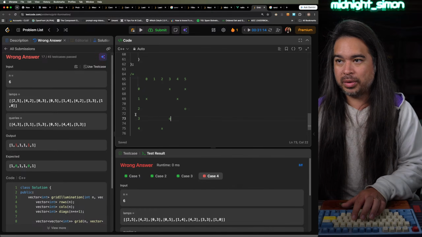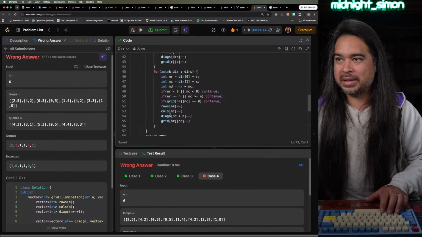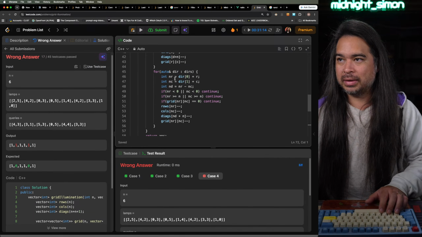And then we come to 3, 1. And I'm saying it's illuminated, but it's not. I see it is not, but I'm saying it is. So either these directions are bad or something else, man.